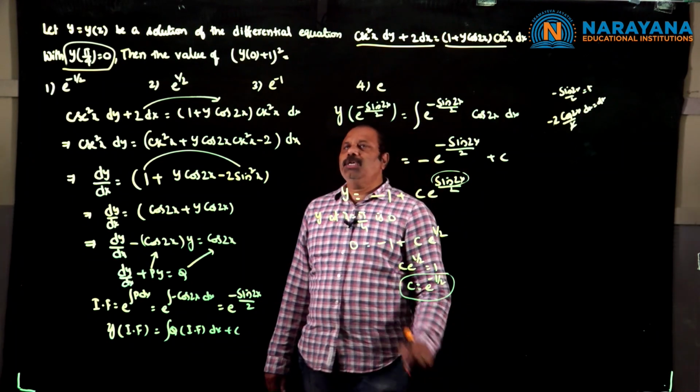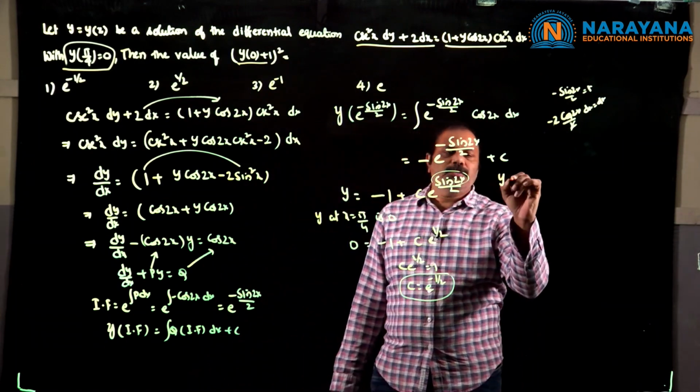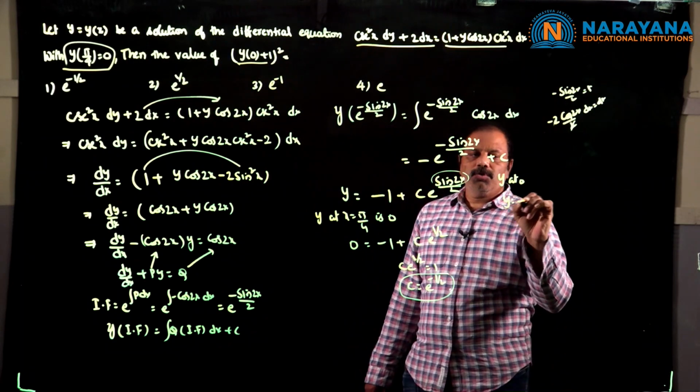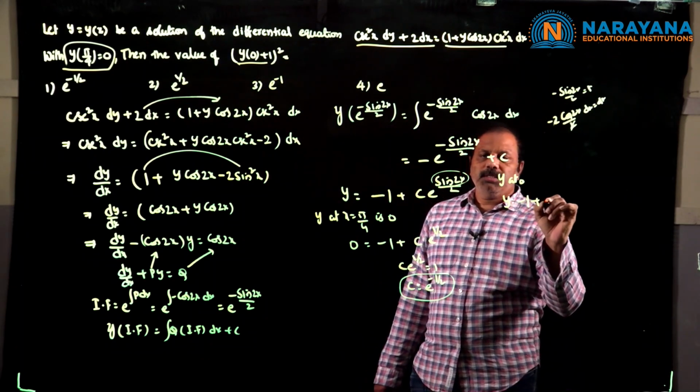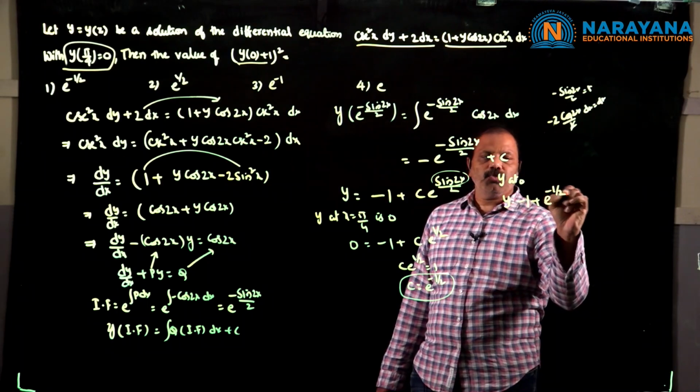Now what he is asking is y at 0 plus 1 whole square. y at 0 is y equals minus 1 plus c into e power sin 2x by 2, and the c value is already known, e power minus 1 by 2. If I substitute x equals 0, sin 0 is anyhow 0. Therefore y at 0 plus 1 equals e power minus 1 by 2.